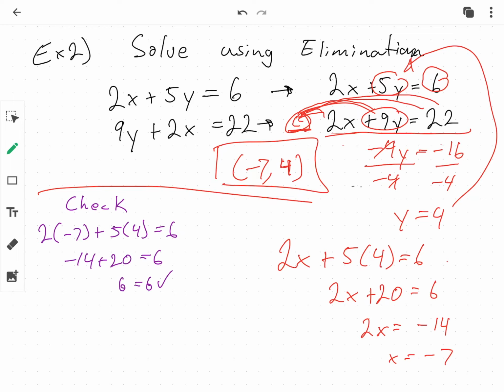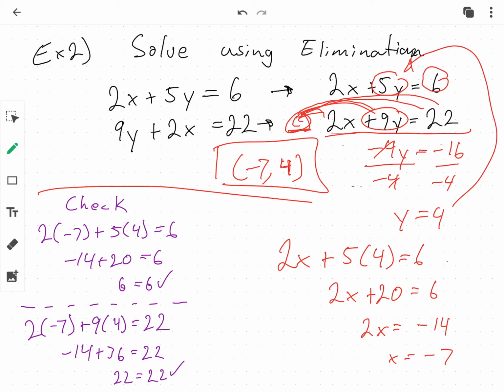So it works for the first equation and the second equation because it has to be true for both of them. 2 times negative 7 plus 9 times 4 equals 22. Negative 14 plus 36 gives us 22. So this is true for the second equation. So we know that the point of intersection is negative 7, 4.